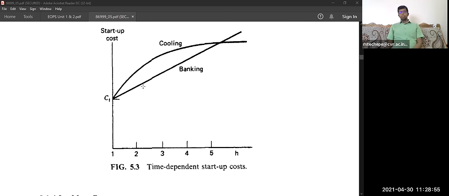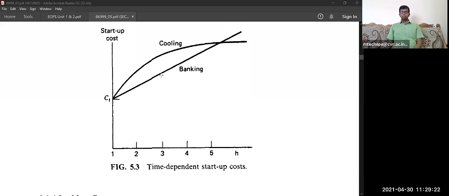But even though some amount of temperature remains, that heat can be used for banking, so that it may be utilized for operation in the next hours. After a few hours the temperature slowly remains, and the startup cost might also be there.